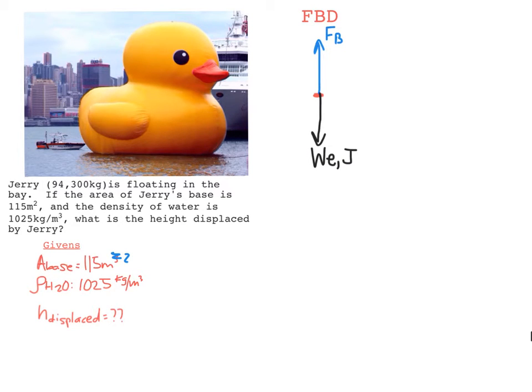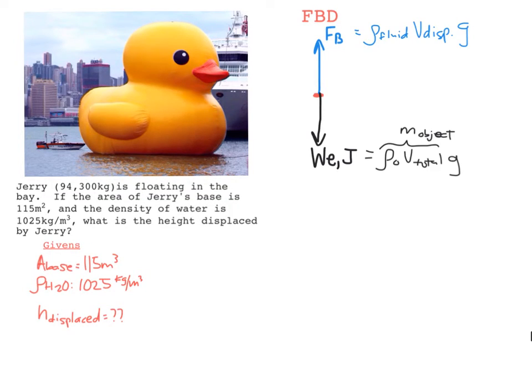So what formula do you think would even come close to dealing with height displaced? Where would we even go to find that? Well, let's look at our buoyant force and weight formulas and see if there's anything we can unravel there. For buoyancy, we have density of the fluid times volume displaced times gravity, and for the weight of the object, we know that equals density times volume of the object, which is actually the mass, times gravity.